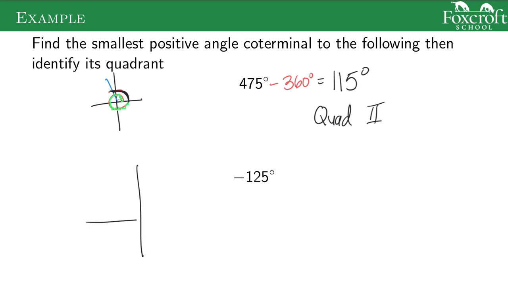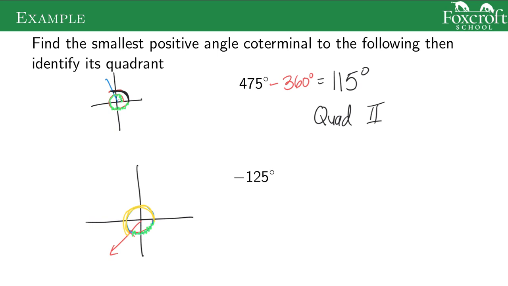What about a negative angle? Well, for a negative angle, we know we rotate in the clockwise direction. But similarly, instead of subtracting off 360, I can add on a revolution, and it's going to cancel out and give me this nice positive angle that I want.